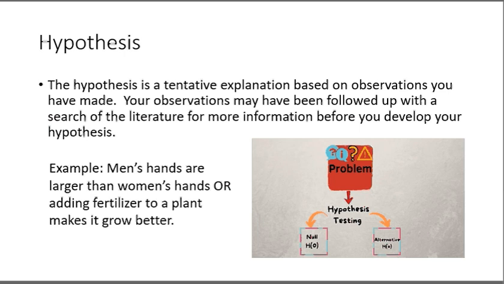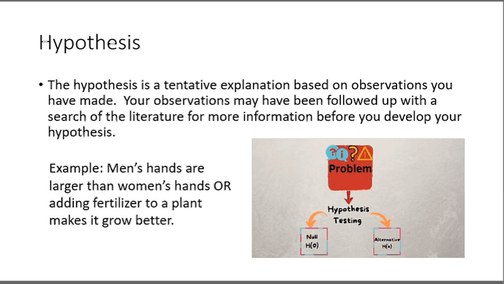So in t-test, we always find this logic, this argument called the hypothesis. A hypothesis is a tentative explanation based on observations you have made. Your observations may have been followed up with a search of the literature for more information before you develop your hypothesis.